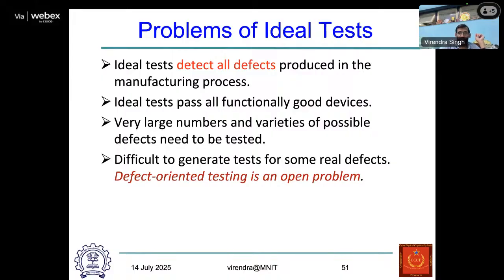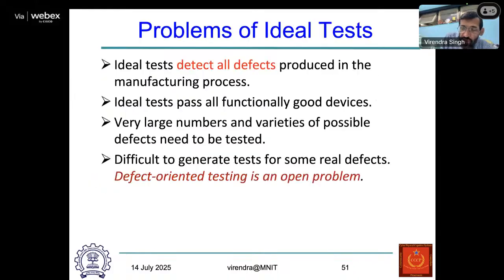So it is very difficult to generate a test for a real defect. Defect oriented testing is still an open problem. If anybody is interested, this is a very difficult problem to crack: to develop a methodology to generate tests targeting a particular defect.